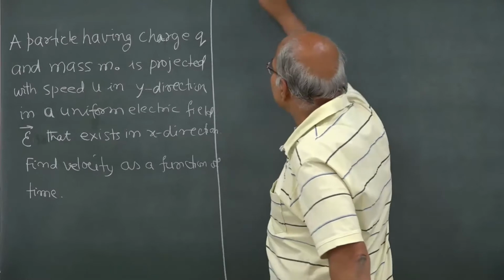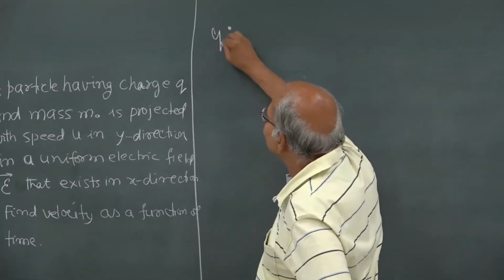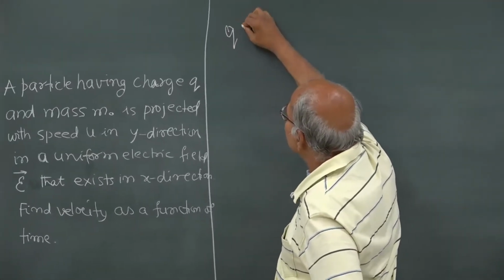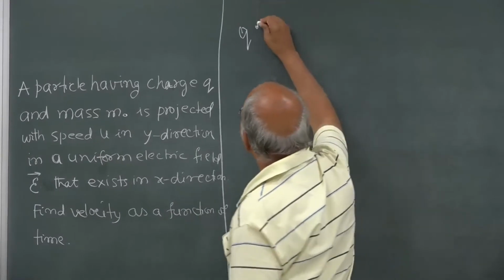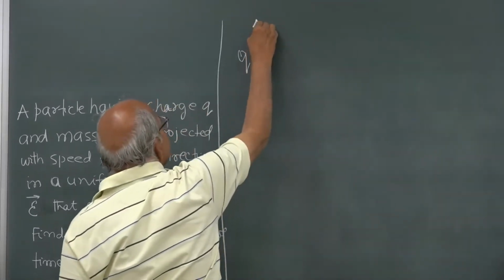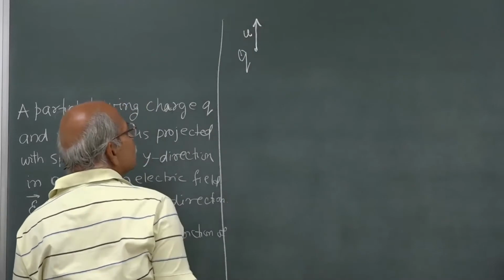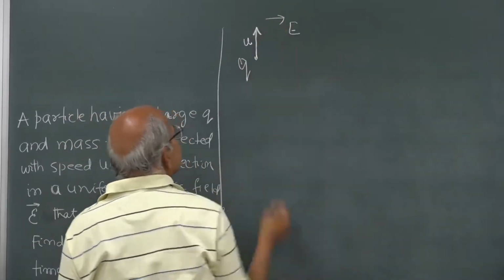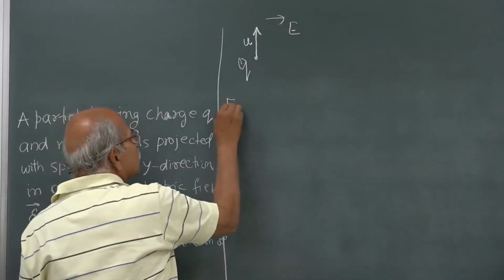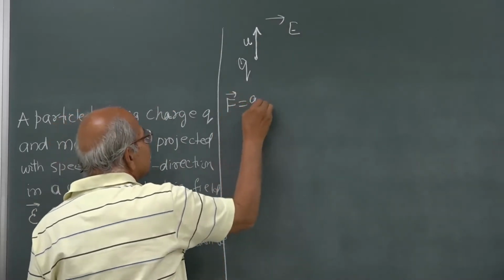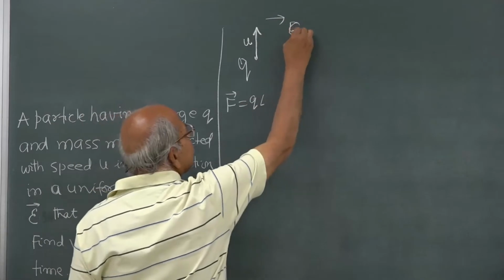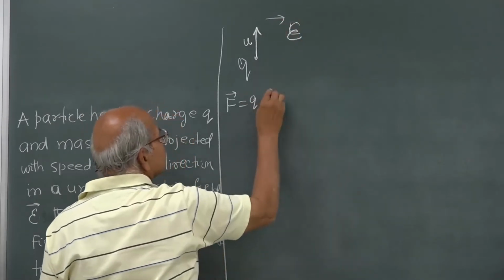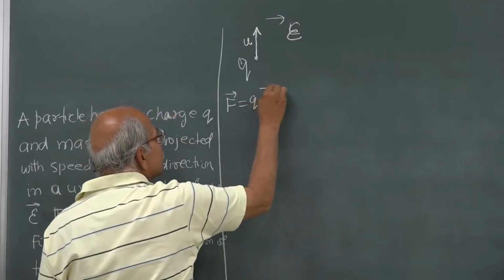So, you have a particle, charge q, which is projected in y direction. This is the initial velocity, and in this whole region you have an electric field E. So, force on the particle is q times E. I have written this E, and there is a reason behind this.